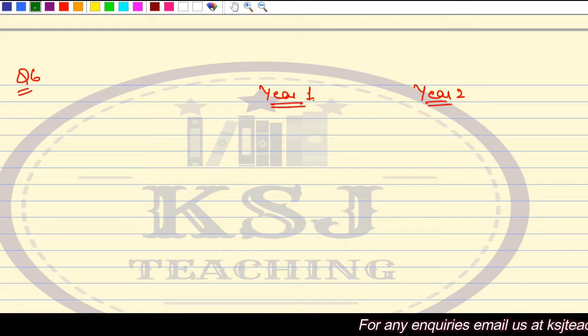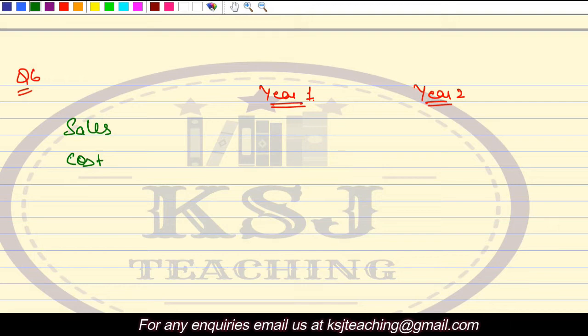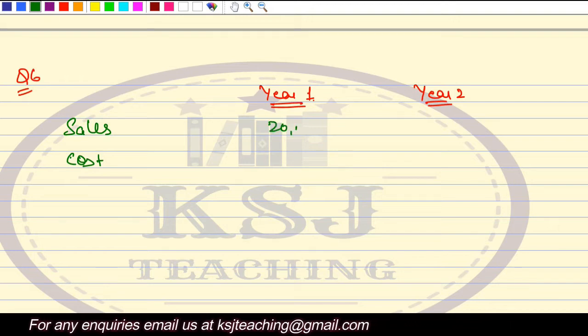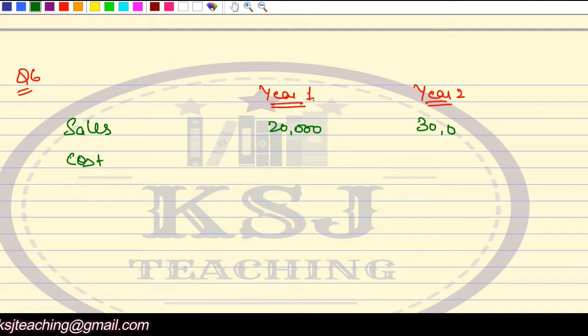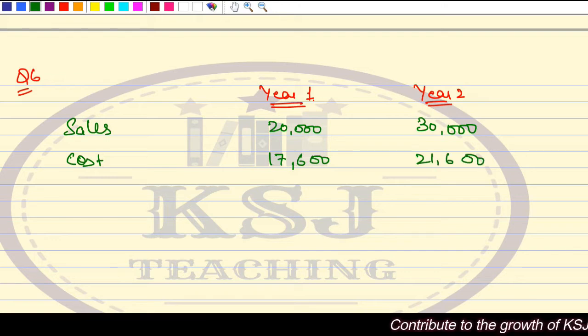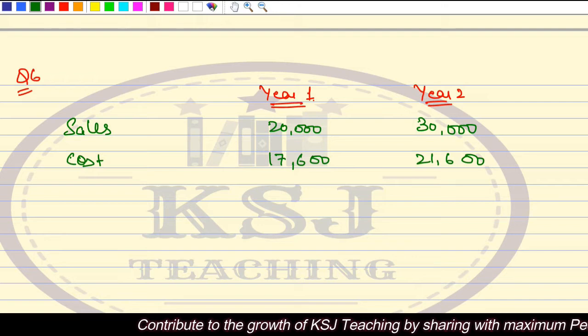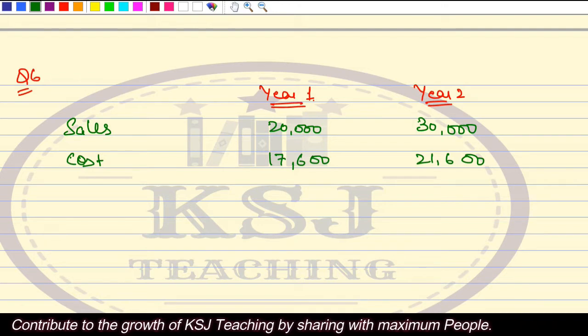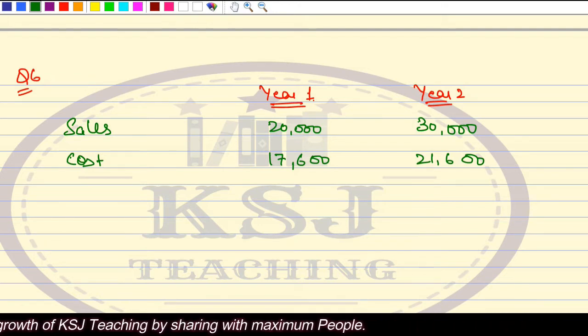Okay, so sales is given and the cost is given. Total cost. Sales is given as 20,000 and 30,000. After that, cost is 17,600 and 21,600. Now, what can you calculate from total sales and total cost?